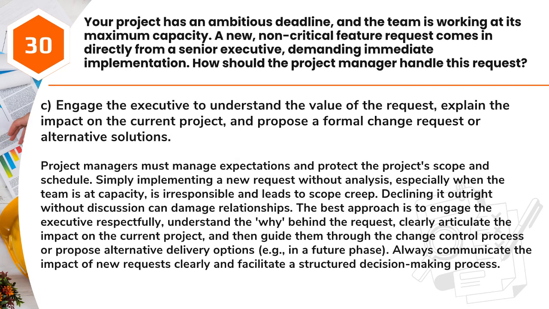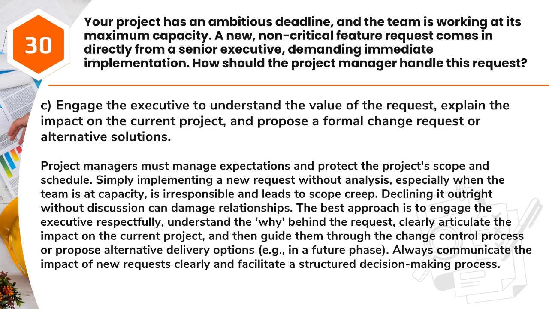Answer: C. Engage the executive to understand the value of the request, explain the impact on the current project, and propose a formal change request or alternative solutions. Project managers must manage expectations and protect the project's scope and schedule. Simply implementing a new request without analysis, especially when the team is at capacity, is irresponsible and leads to scope creep.